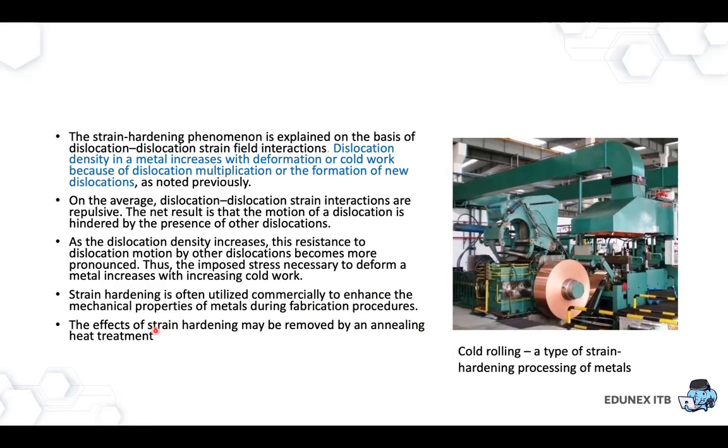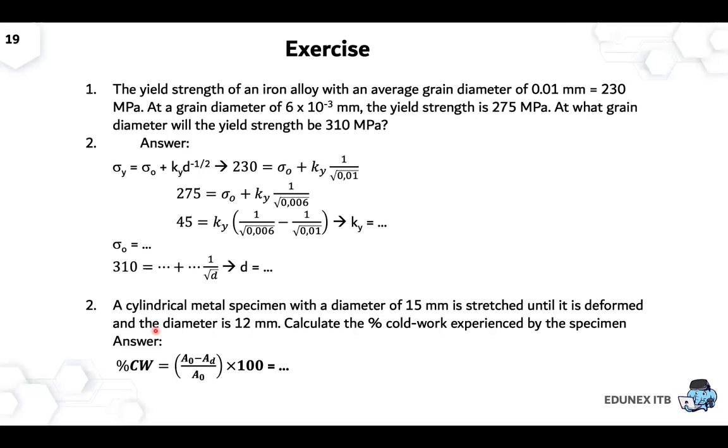Okay, so next, there's some exercise. For example, I think you can try it. You just need to substitute the equation with some information in here. For example, there is the yield strength of an iron alloy with this average grain diameter, and at what diameter the yield strength is this one, and what grain diameter the yield strength will be this one.